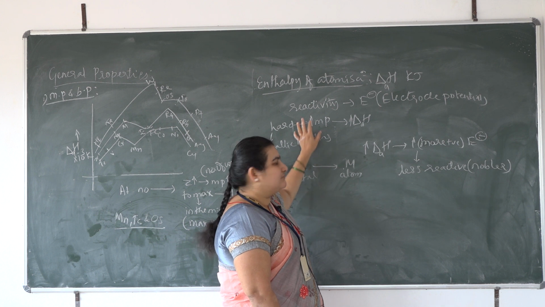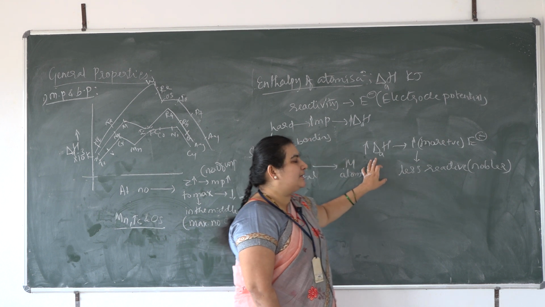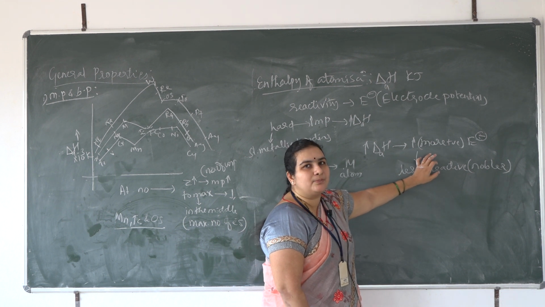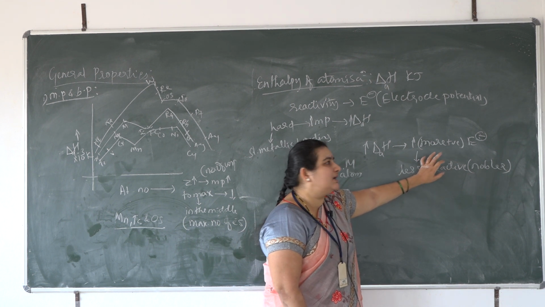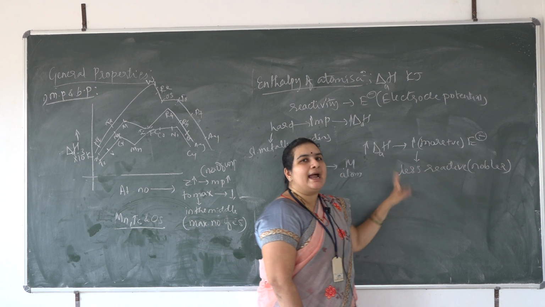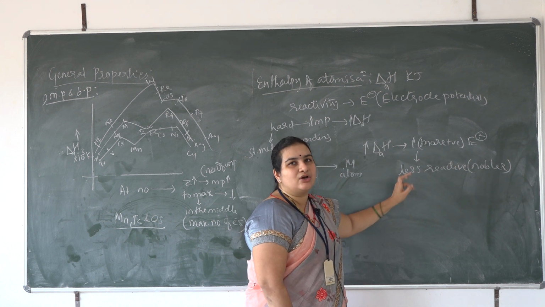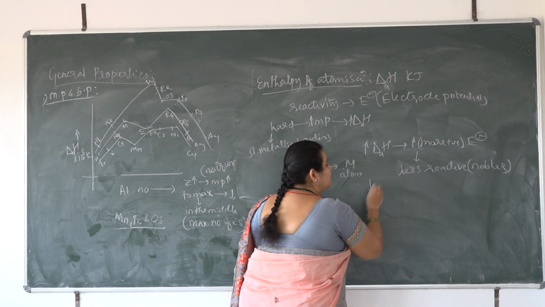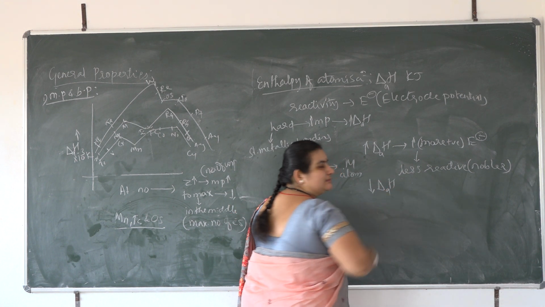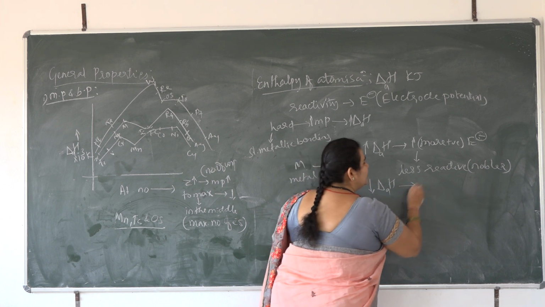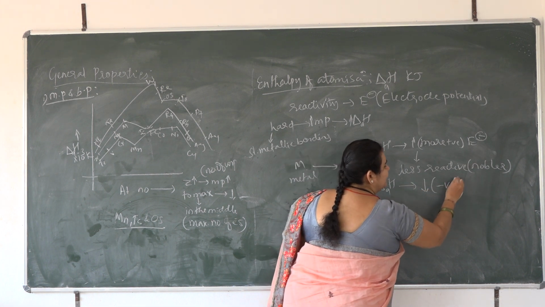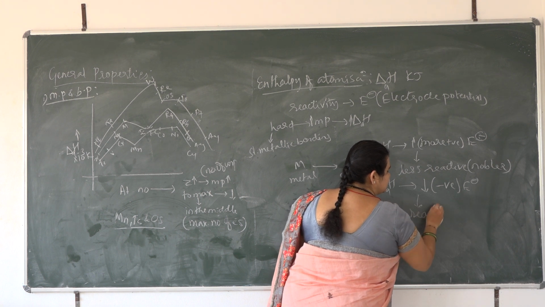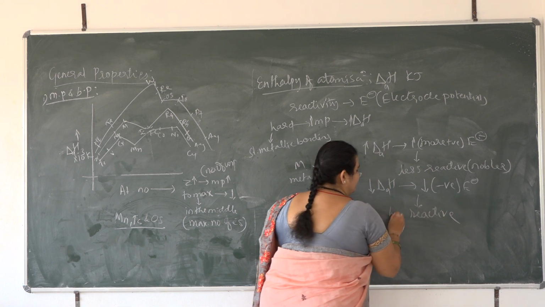So with all these reasons, enthalpy of atomization is higher, so that more positive will be the electrode potential and less reactive or nobler will be the metal. Whereas lower the delta HA, enthalpy of atomization, lower or negative will be the electrode potential, so that metal becomes highly reactive. Okay.